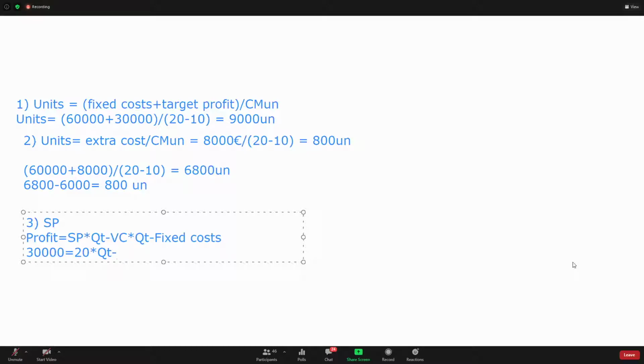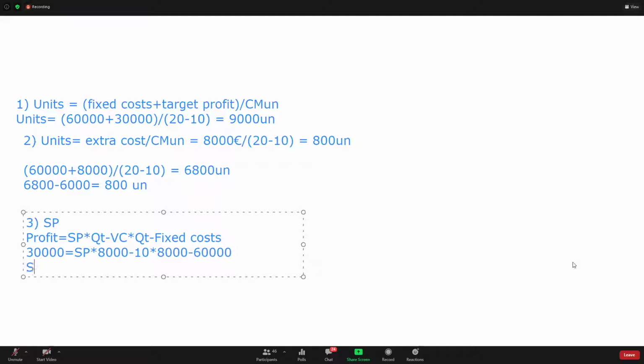We know the variable costs are 10, and we know the fixed costs are 60,000. So from there we can calculate. We can get the selling price if you just work out the formula.